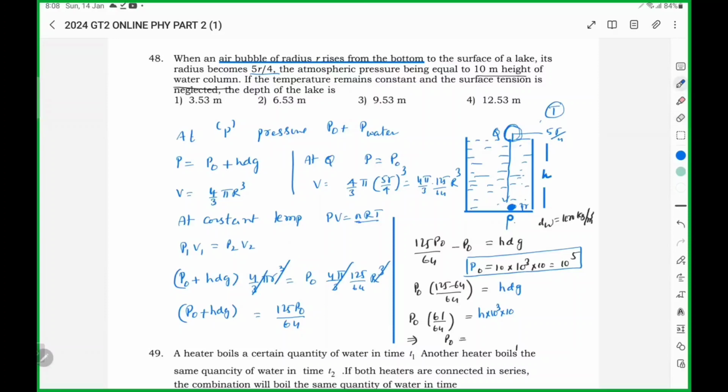Here P naught we already know, 10 power 5 into 61 by 64, equals h into 10 power 4. h will be 610 by 64. It is roughly nearest to 10, less than 10, 9.53 meters.